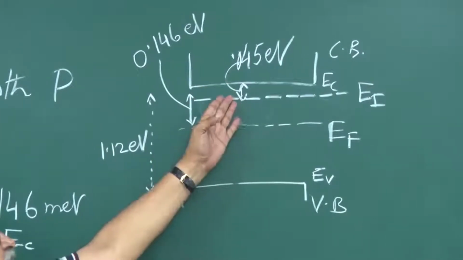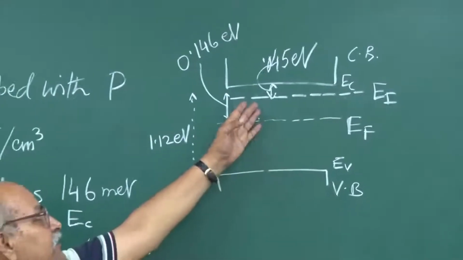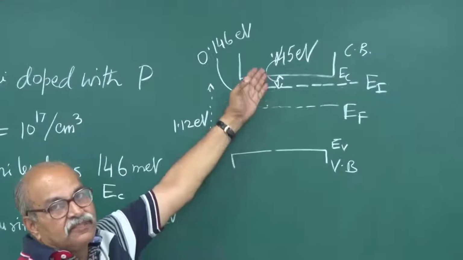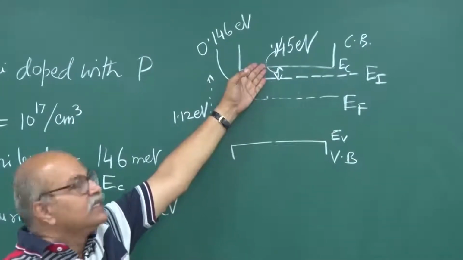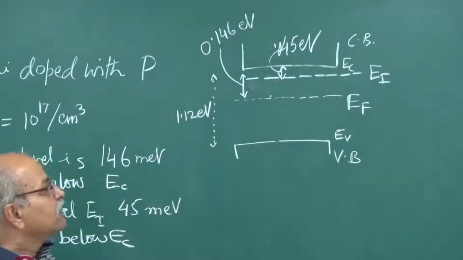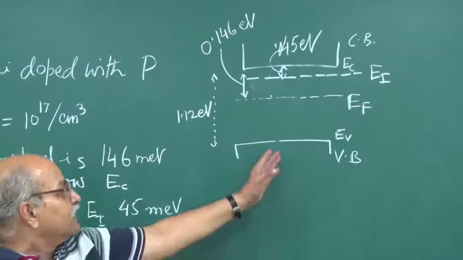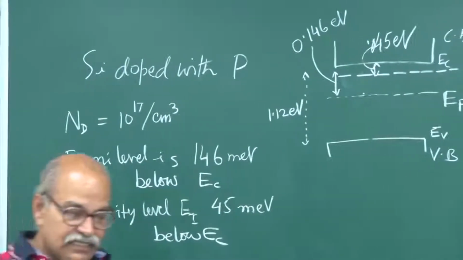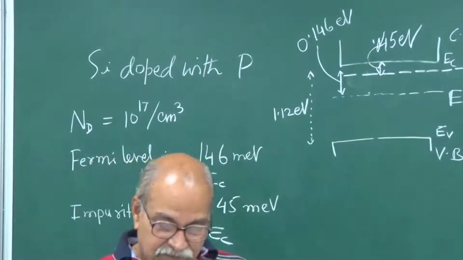So it is this thing here. The electrons jump from here to here because of thermal energies, and that is how you get electrons in the conduction band. Ne increases, NH decreases. So this is the data which is available. What is asked?